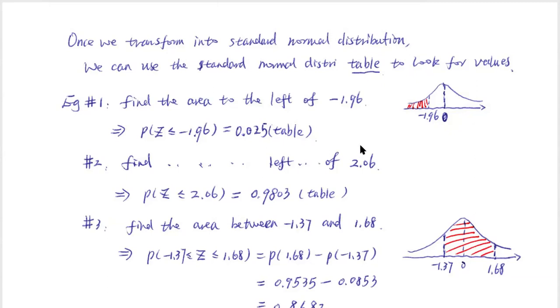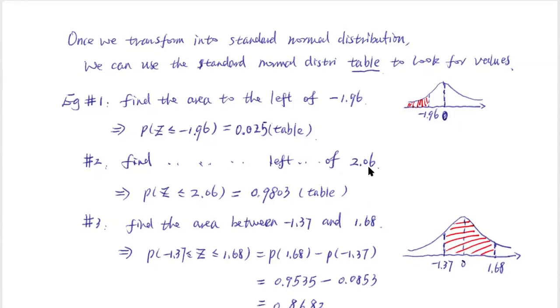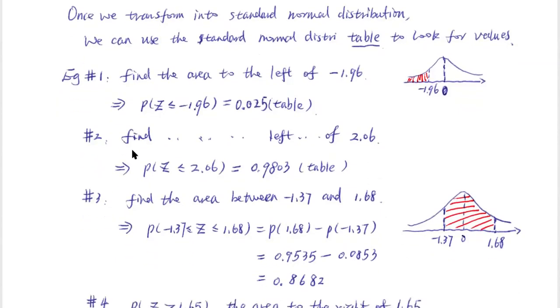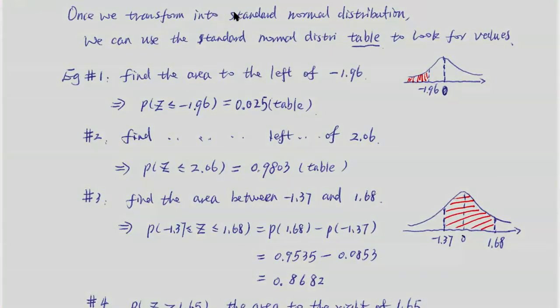Now, we are going to have two more examples to help you understand how we use that table. Let's see. Second example here, help us find the probability. I copied everything from the first example. So find the area to the left of 2.06.